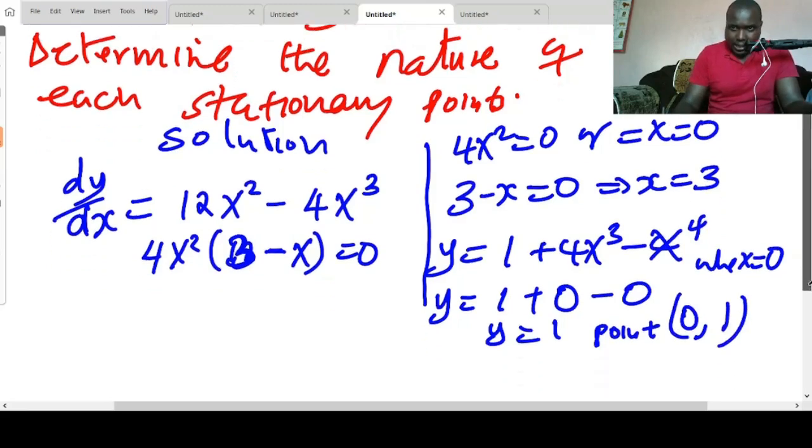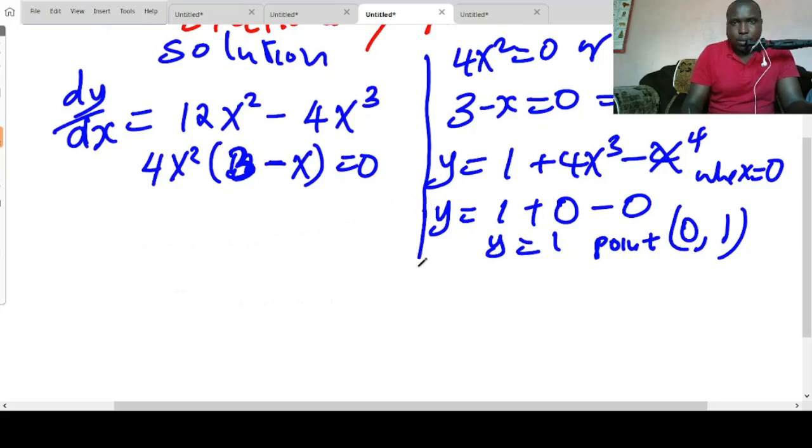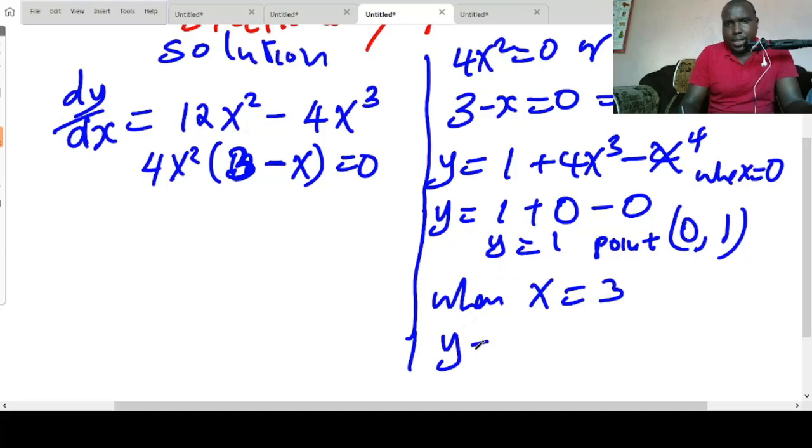Next, when x is equal to 3, y will be 1 plus 4 into 3 cubed minus 3 raised to power 4. Right?